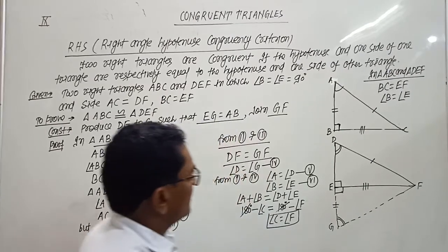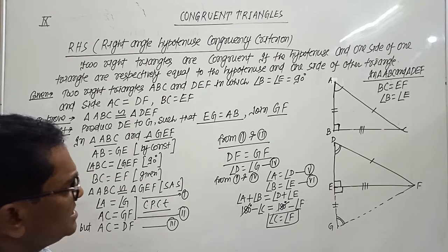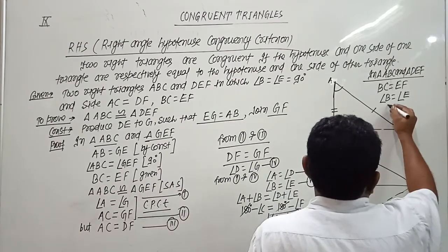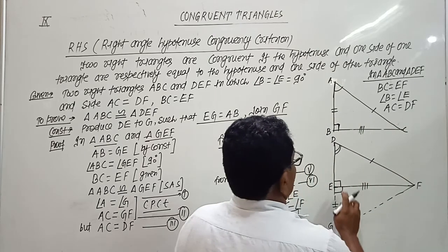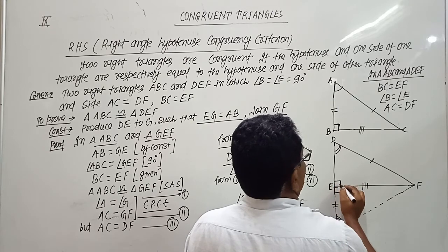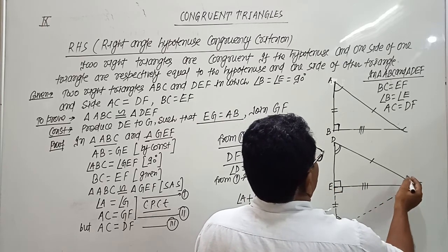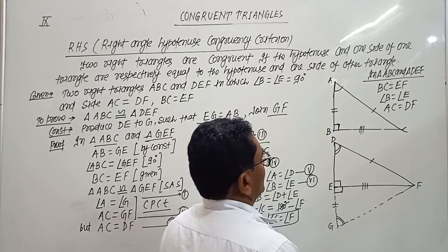BC equals EF, angle B equals angle E, and side AC equals side DF. We have proved side AC equals DF.